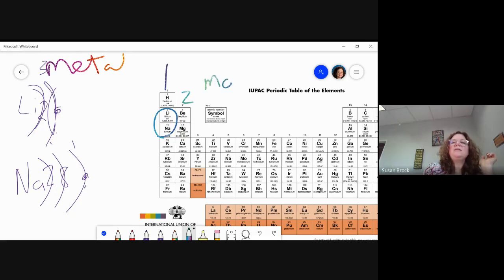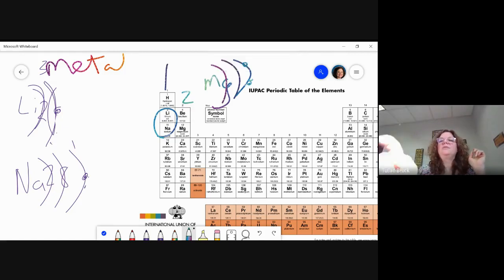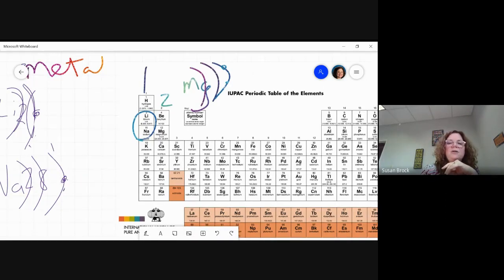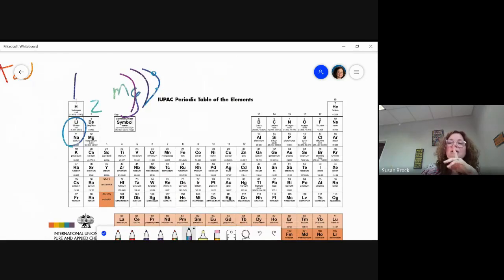So in magnesium, it has 3 energy levels, and there's 2 valence electrons in that last one, in that outer one. Okay, so if we go across the periodic table, we know how many valence electrons it has by the group number. Now, these groups in here don't really count.